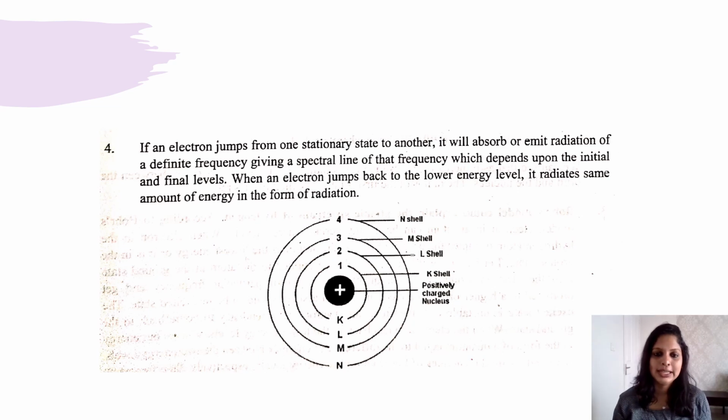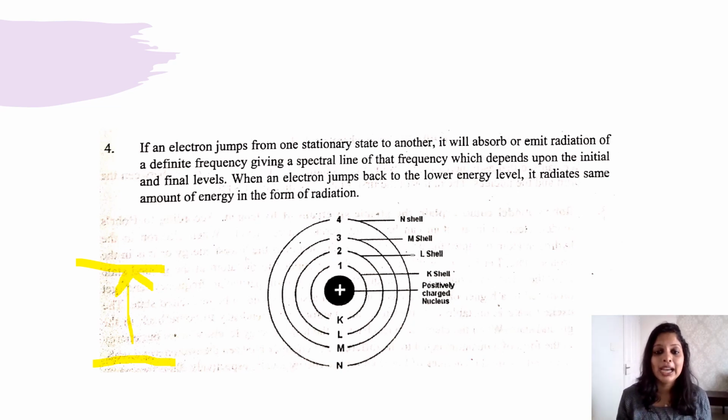The fourth postulate is, if an electron jumps from one stationary state to another, it will absorb or emit radiation of a definite frequency, thus giving you a spectral line of that frequency. Just imagine your electron is in the ground state. It goes to the higher energy state by absorbing certain radiation, and this gives a spectral line.